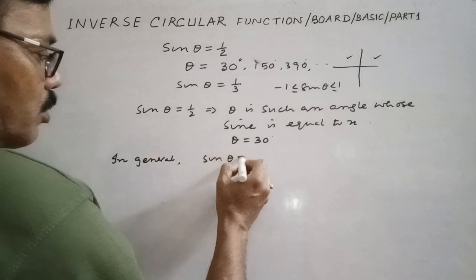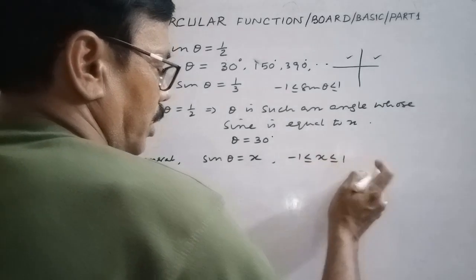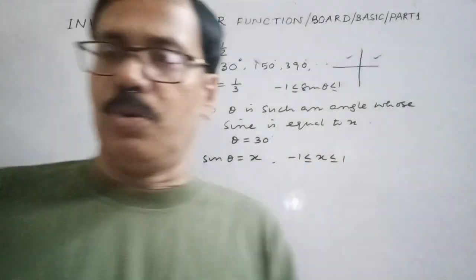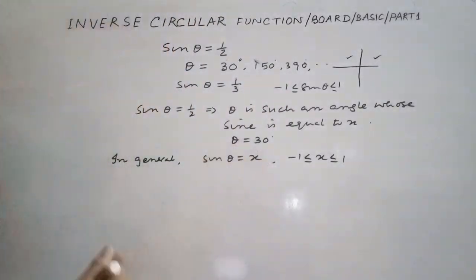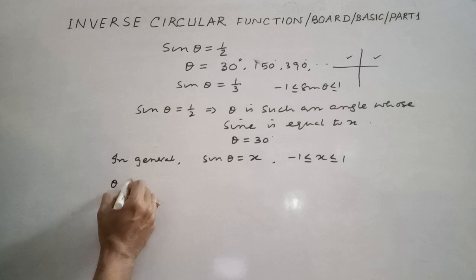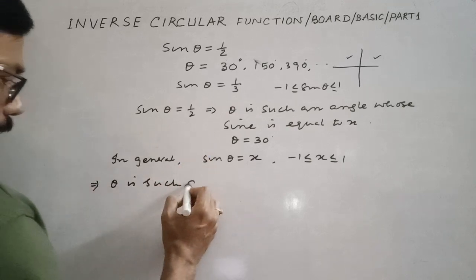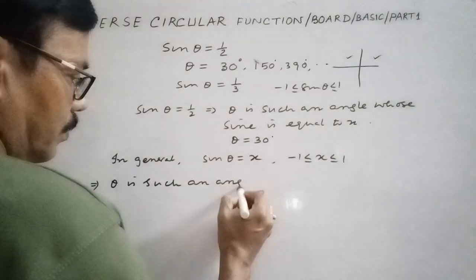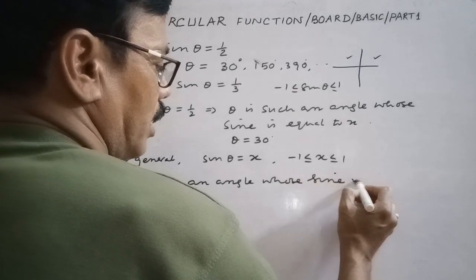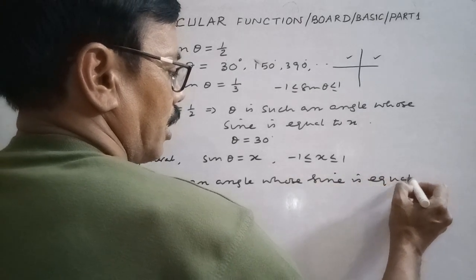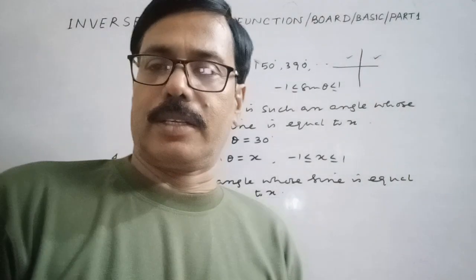if sin theta equals x, and this restriction should be noted, sin theta equals 2, you know it is not possible. If it is possible, then theta is such an angle whose sine is equal to x.